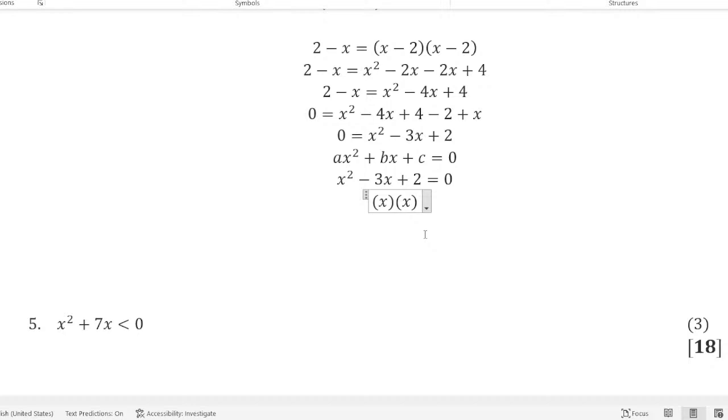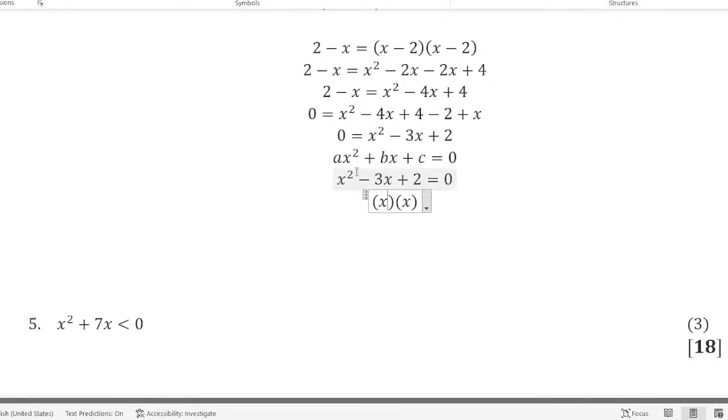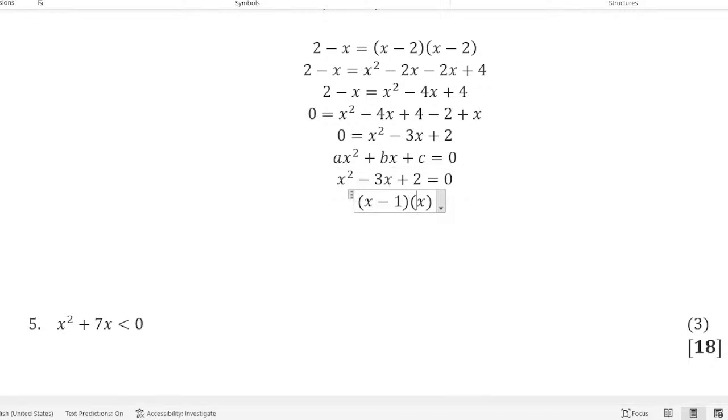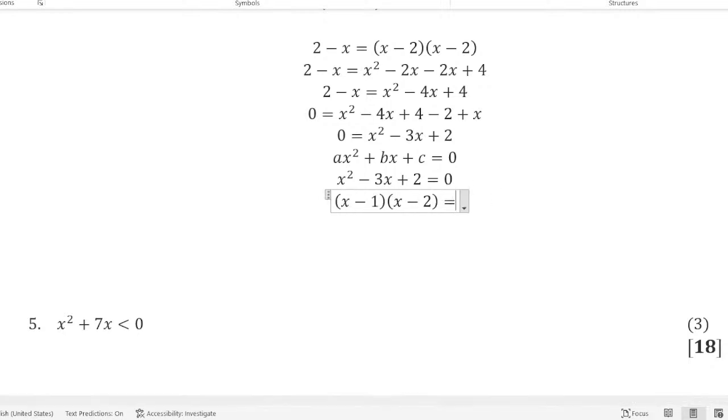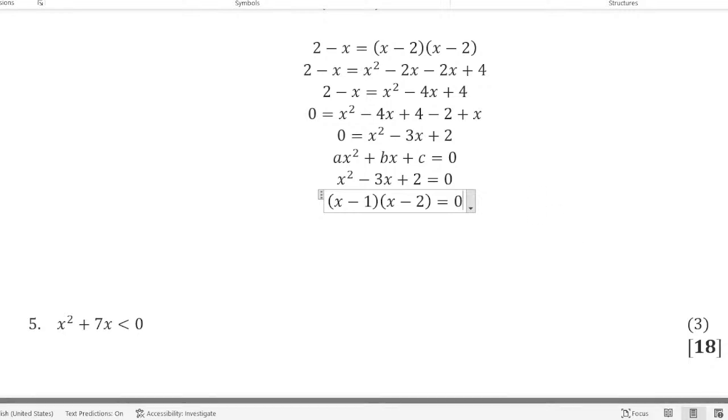So it's going to be 1 and 2. When the last term is positive, we have the same sign, then we take the sign of the middle term, which in this case is negative. So we have x minus 1 into x minus 2 is equal to 0.